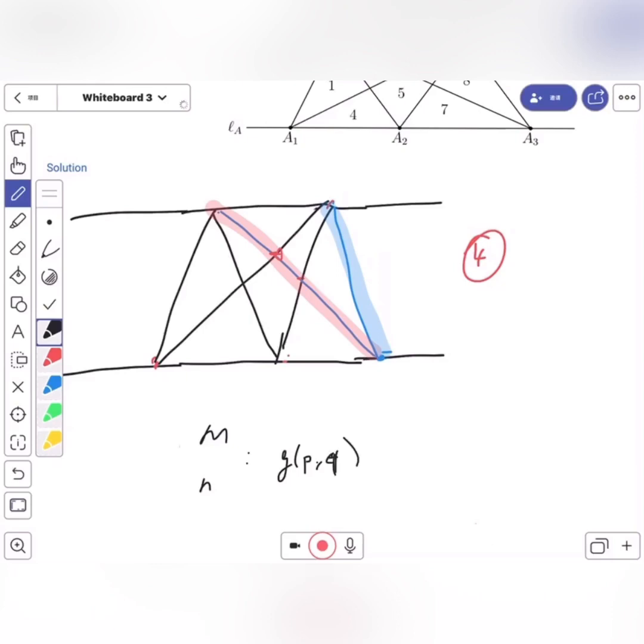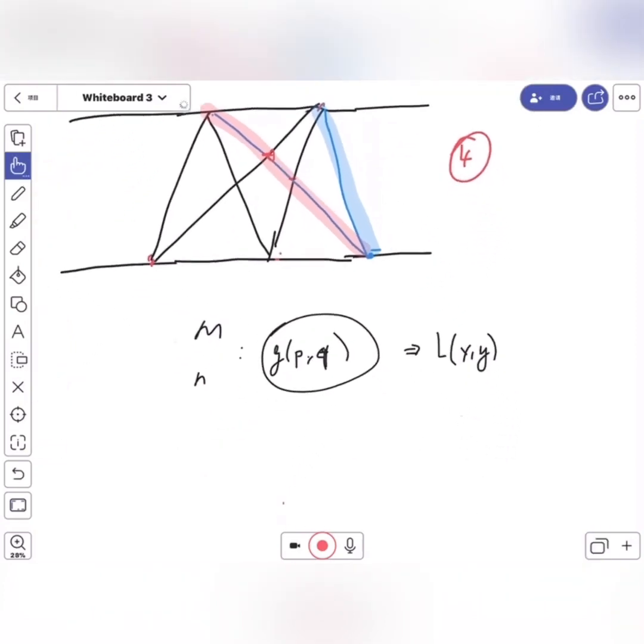Then we consider G of PQ; in order for it to intersect, we must have a line called XY such that one of the two conditions is satisfied.